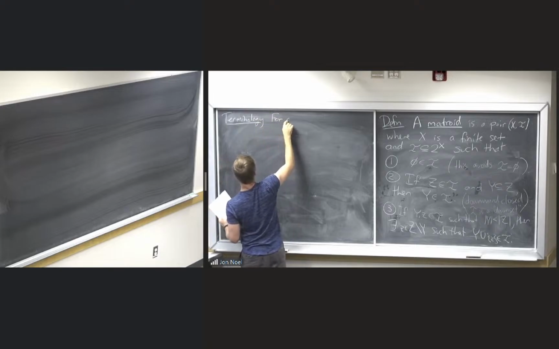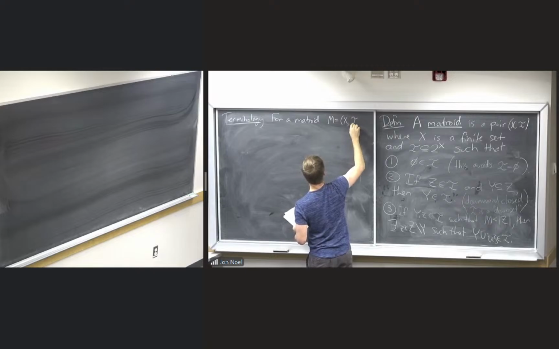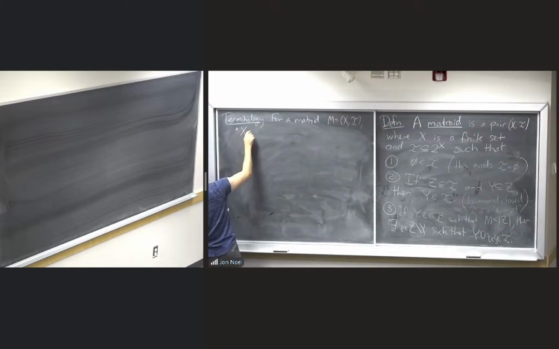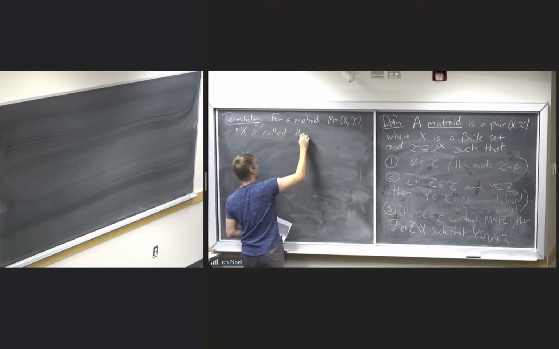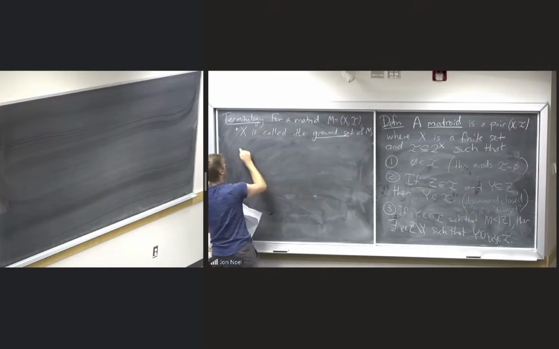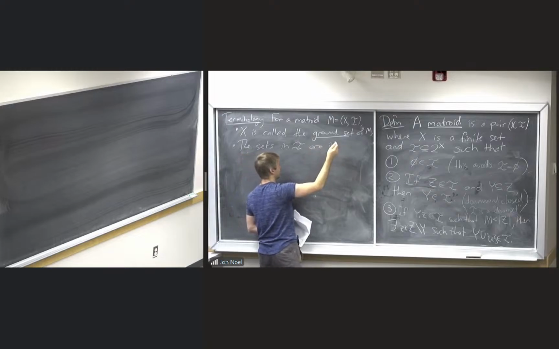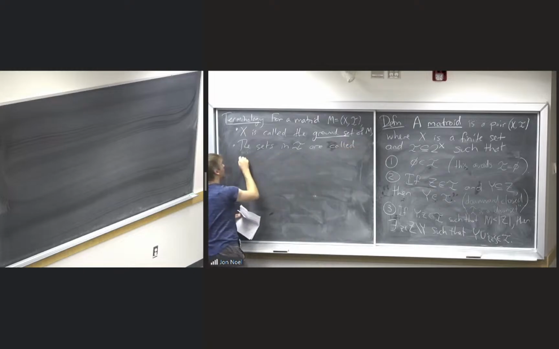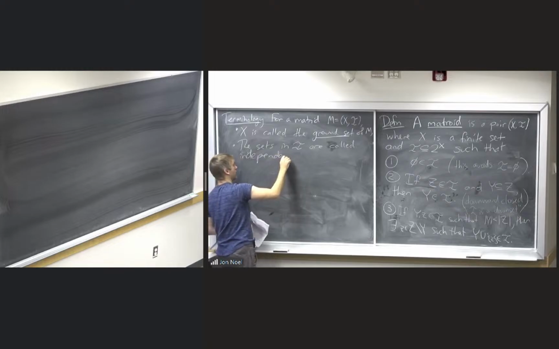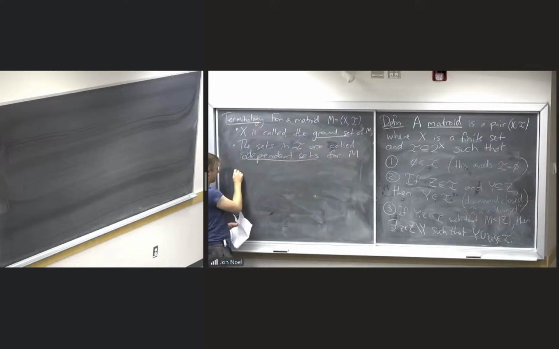For a matroid, let's say M, which is (X, I), we say X is called the ground set of M. The sets in I are called independent sets for M. If you have a set that's not independent, then naturally it's called dependent.